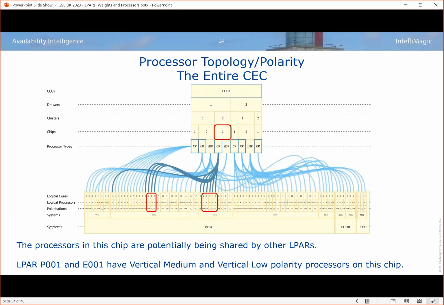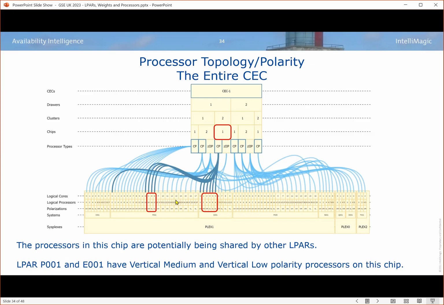So let's get back to our topology view. Now, we're no longer looking at a single LPAR, we're looking at all of the LPARs defined on this CEC. That's why it gets a little bit messy. Our LPAR that we're looking at, E001, and the vertical medium and vertical low processors, only the CPs, they're on that one chip.